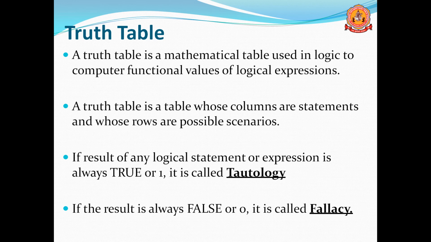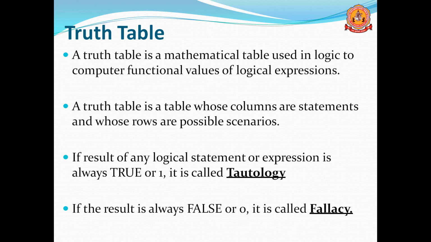If the result of a logical expression is always true or 1, that is known as a tautology. Whenever the output of the truth table is entirely 1, that is known as a tautology.